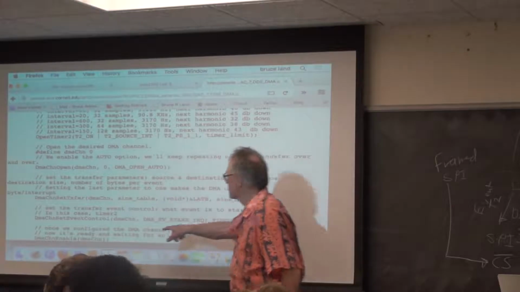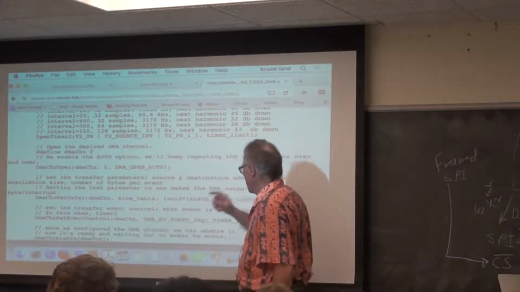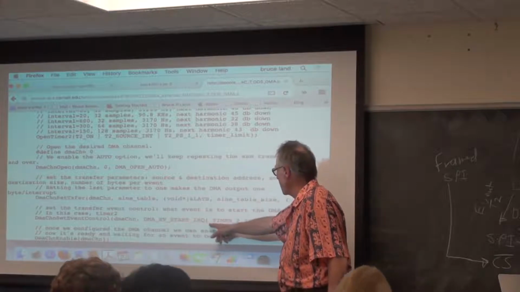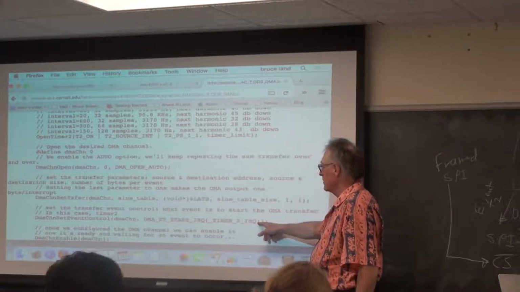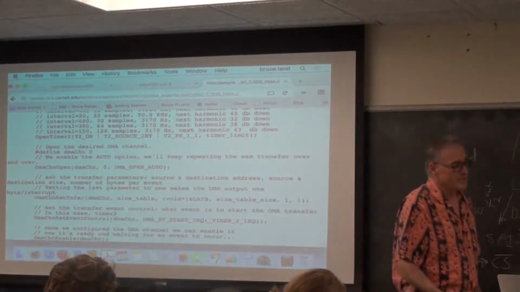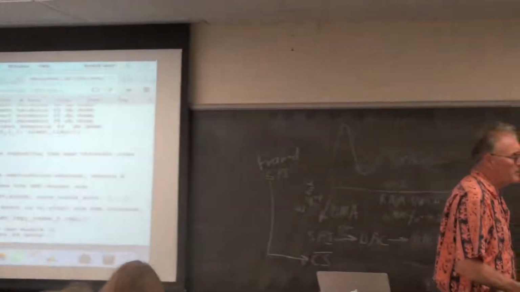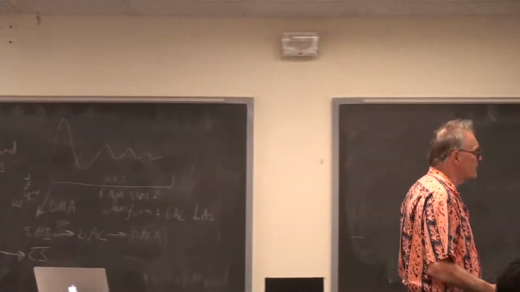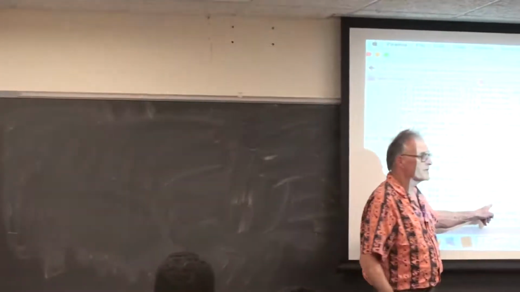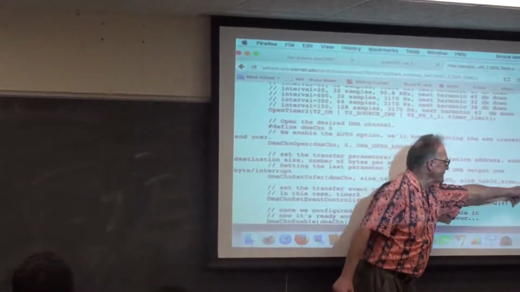Then we're going to do a set event control to the channel, and we're going to set it to DMA EV start IRQ timer to IRQ. What that says is every time that the timer 2 interrupt flag is set, do 1 cell transfer, transmit 1 byte.